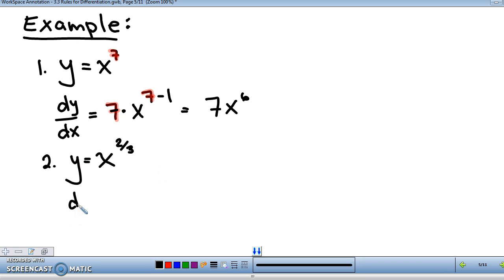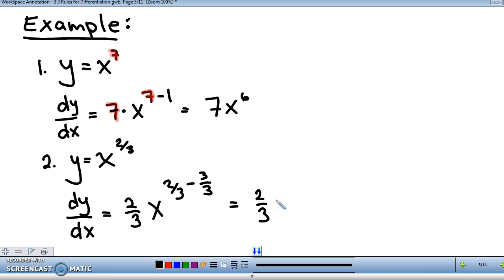The derivative here, we just bring that 2/3 to the front. We subtract 1 from it. Well, we know that we need common denominators. So 3 over 3 is the same as 1, and it allows us to write 1 as a fraction with the common denominator of 3.